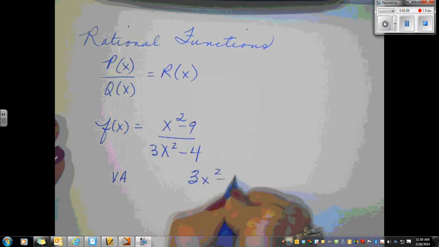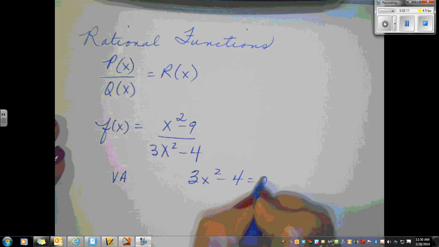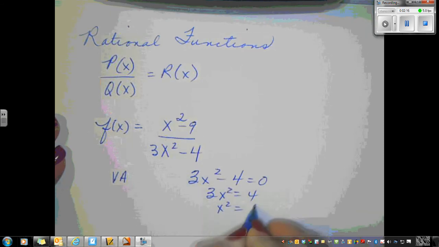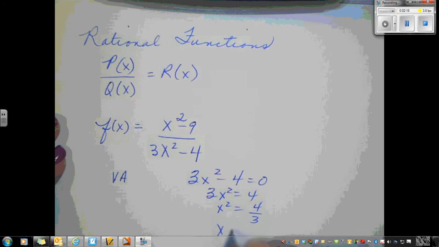3x squared minus 4 equals 0. 3x squared equals 4. X squared equals 4 thirds. X equals plus or minus 2 over radical 3.